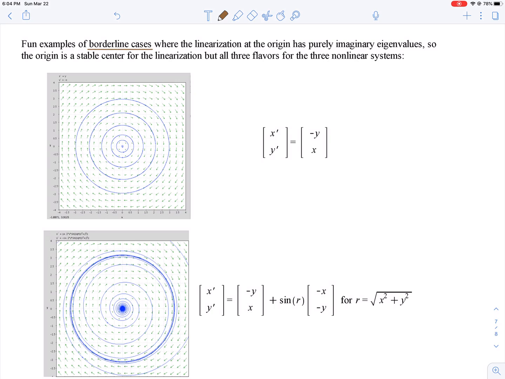And you'll see in this week's homework that borderline cases show up several times, and there will be a way to figure out in some borderline cases whether you really do have a stable center for the nonlinear system or not.